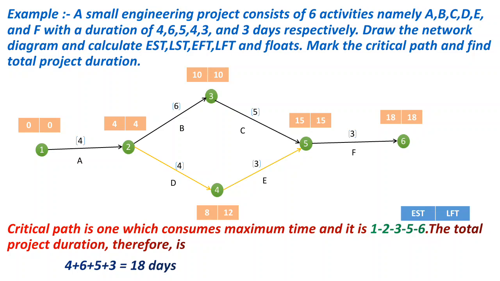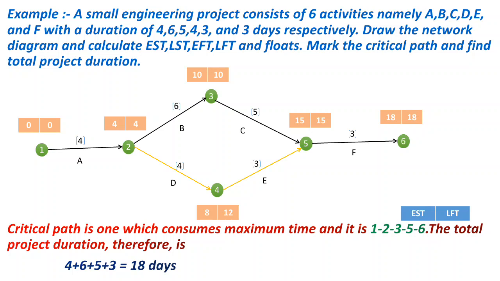So when we calculate its free float, we have EST of tail event, that is for event 2, left side block. You can see EST is 4 and EST of head event is 0. So 4 minus 0 minus duration, which is also 4.